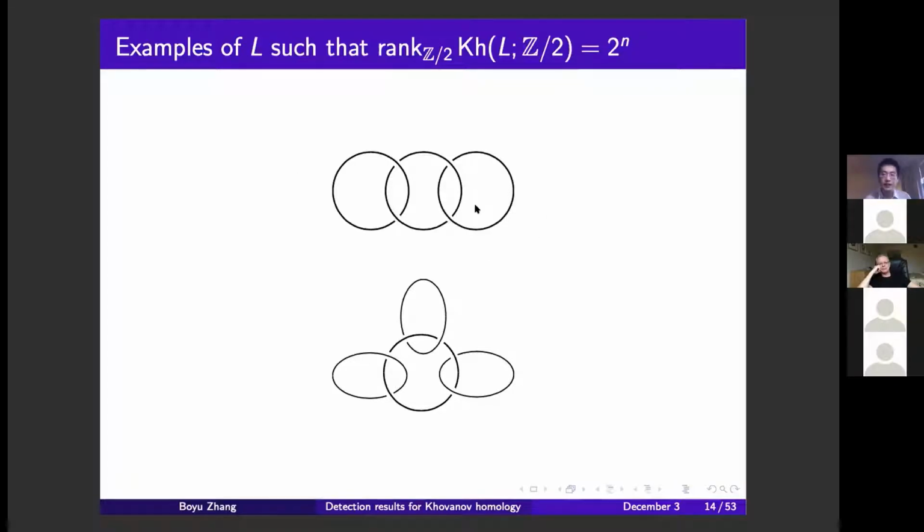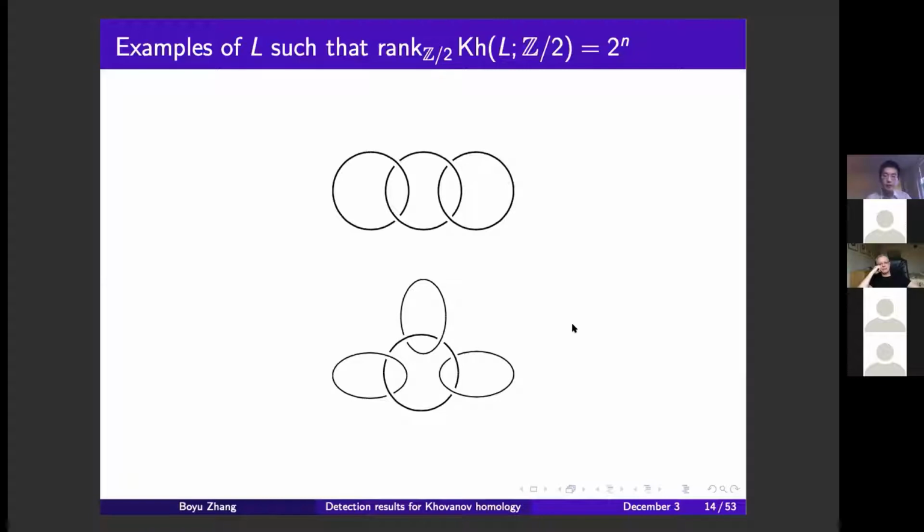The first link is a connected sum of 2 Hopf links. And by our previous argument, we know that its Khovanov homology has rank 8. And the second link is a connected sum of 3 Hopf links, and its Khovanov homology has rank 16. And more generally, we can have more complicated links given by further connected sums and also disjoint unions of this kind of links.